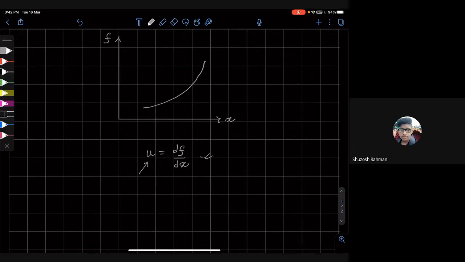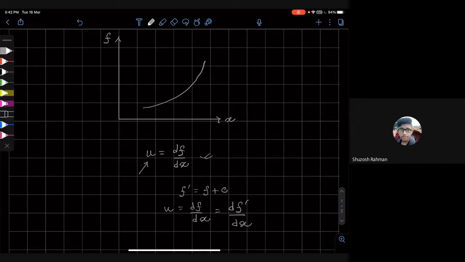So for example, we can always add a constant to f, and then the derivative of f prime with respect to x will be the same as the derivative of f with respect to x.